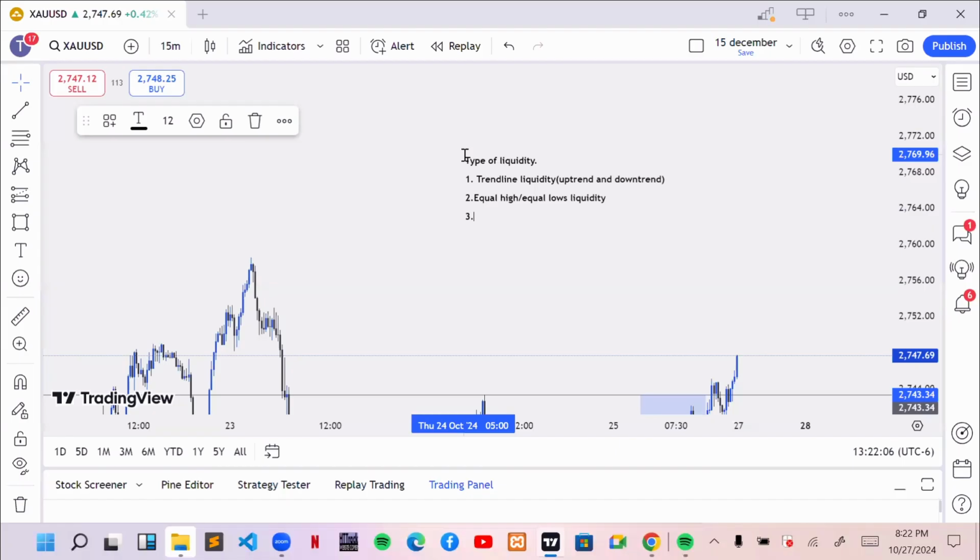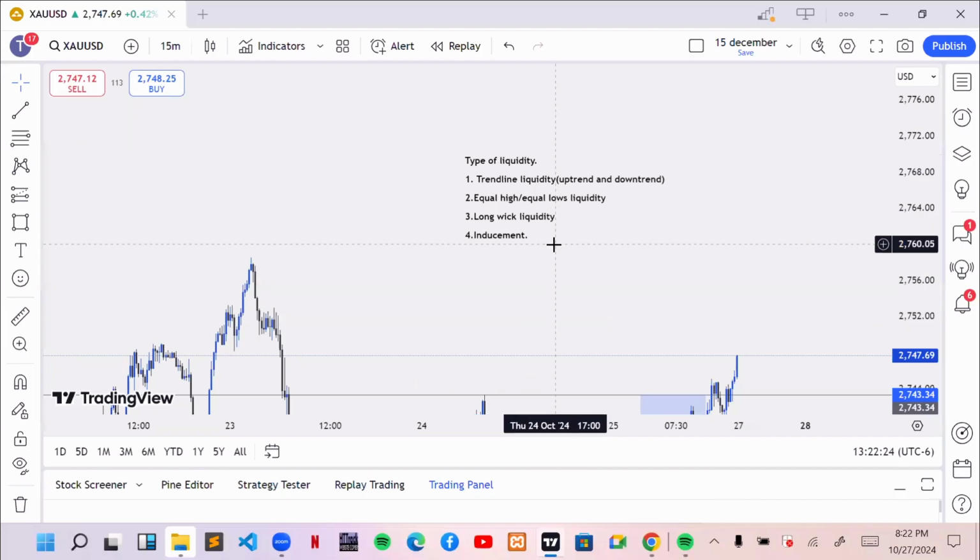Three, there's long wick liquidity. And also there's the inducements, obviously, as you all know, it's also liquidity. So these are the types of liquidity there is in the market.